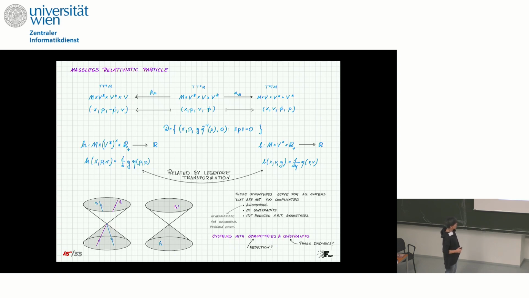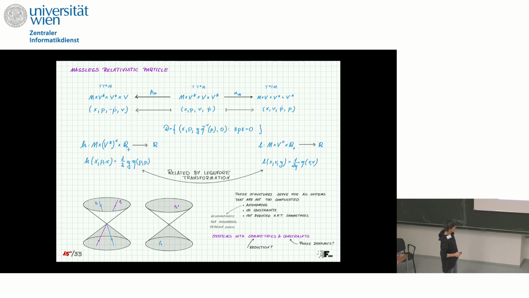These are examples of such families, and those two families are again related by Legendre transformation, in the sense that you add this generating object of the relation between the Lagrangian side and the Hamiltonian side, and you try to simplify it somehow.